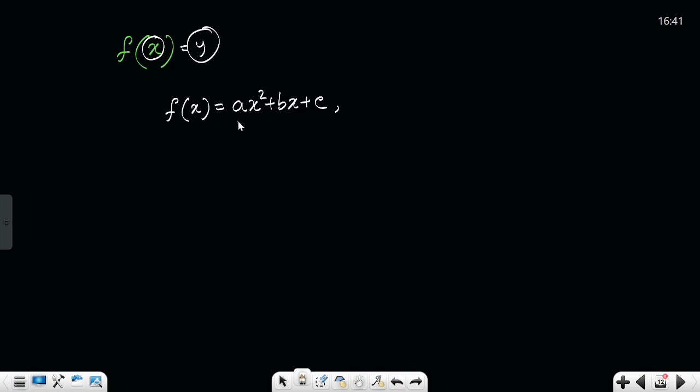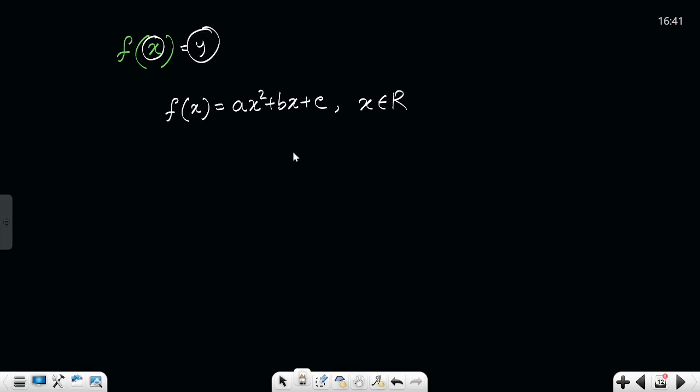So we can write that domain is x belongs to R. Okay, that means for any real number, this fx function is valid. So the domain of the function fx is all real numbers.